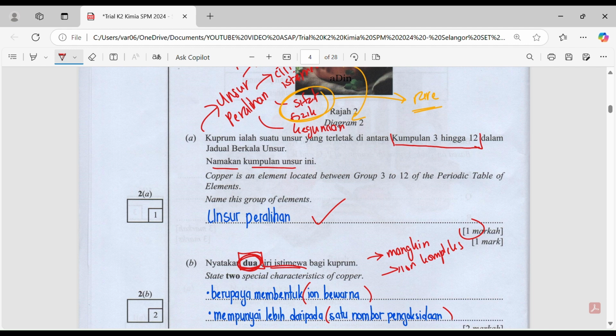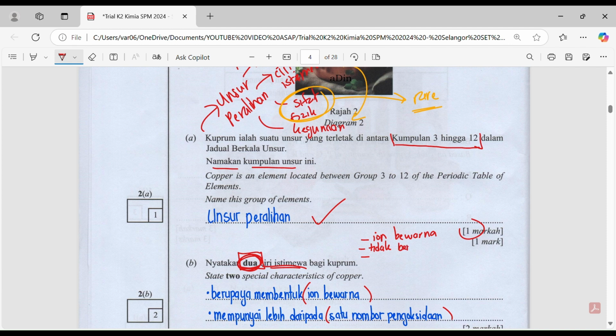What happens if you write 3? Let's just imagine during the exam, you give 3 answers. First one, ion berwarna. You said, okay, kuprum berupaya membentuk ion berwarna. Second one, you're not sure whether unsur peralihan boleh bertindak sebagai mangkin or not. So you said, oh, I think unsur peralihan cannot act as a catalyst.